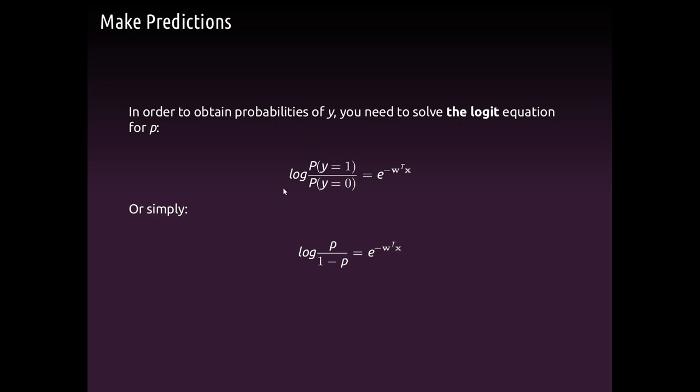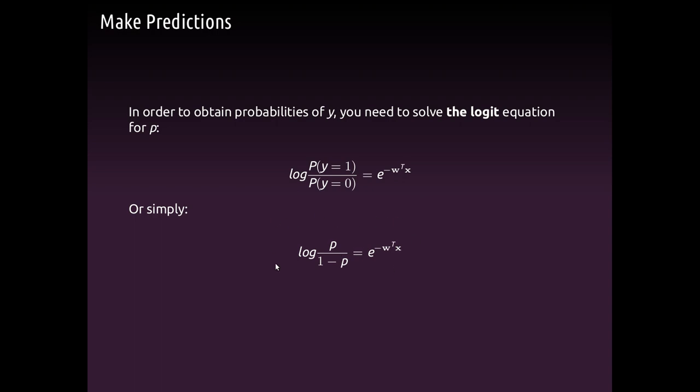You can refer also to it, and it is equal to the log of the probability of y equals 1 divided by the probability of y equals 0, which is equal to e raised to the power of minus w transpose x. We can simplify the expression by saying that this is the log of p divided by 1 minus p, where the probability of y equals 0 equals 1 minus the probability of y equals 1.